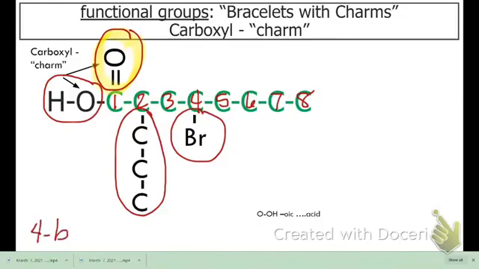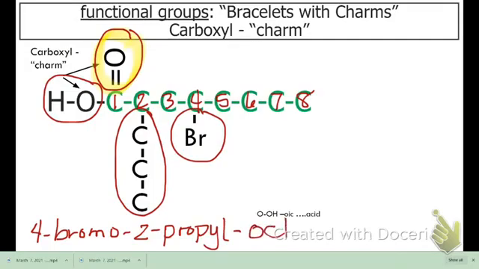So that is 4 bromo, 2 propyl, and carbon 1 is automatic because that's where the carboxyl charm is. So this is an 8 carbon compound, which is oct. It is a single bond, so it's octane.